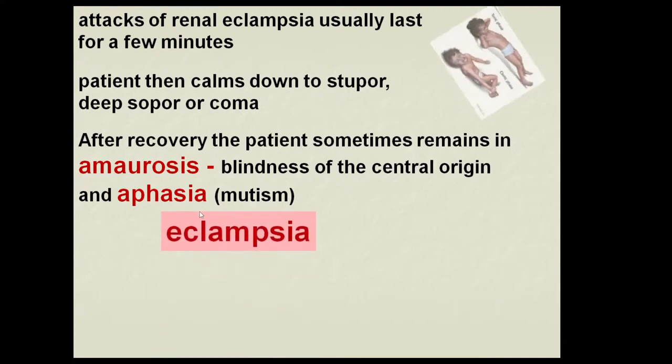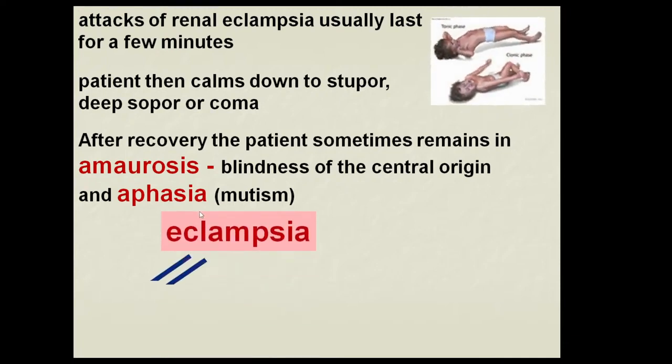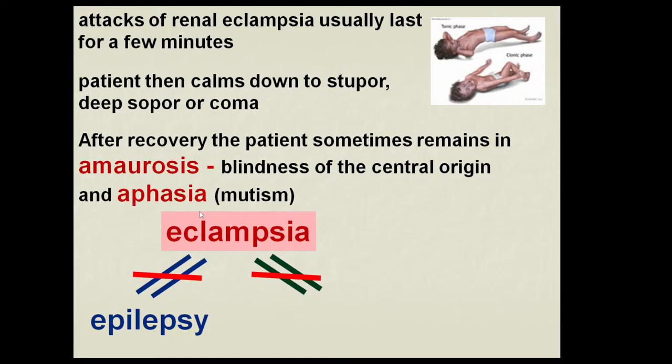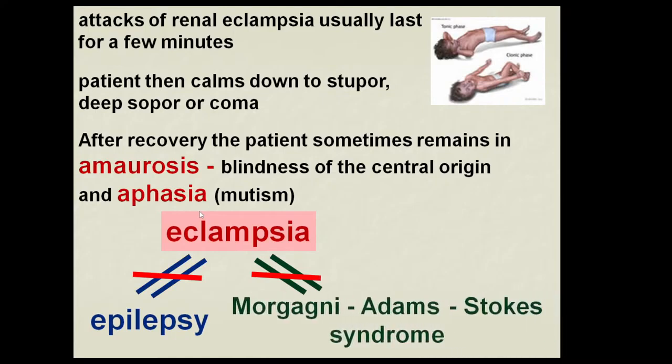I said we see attacks of convulsion, eclampsia. It must be differentiated from epilepsy, and, if you remember the last practical class, from Morgagni-Adams-Stokes syndrome, which is characteristic for progressive atrioventricular block.